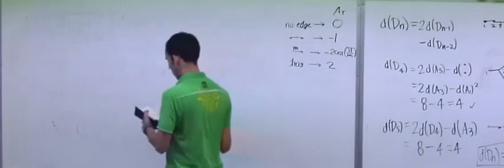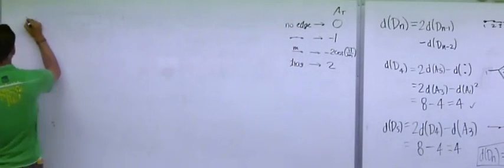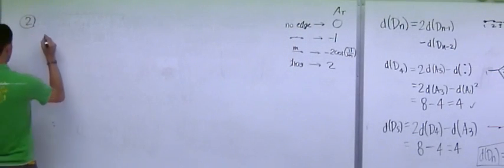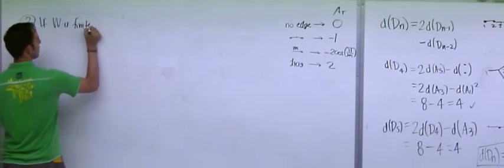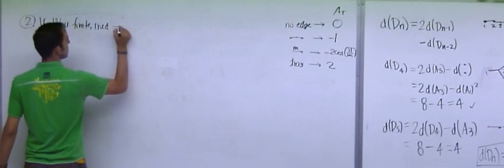Step 1 was to prove that these guys are finite, and step 2, if W is finite and irreducible, it's on this list.